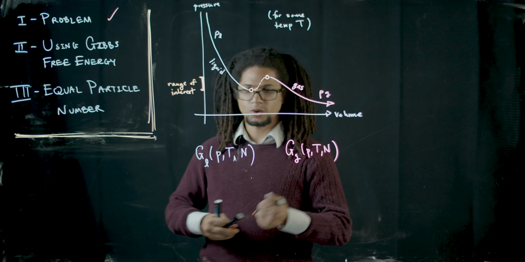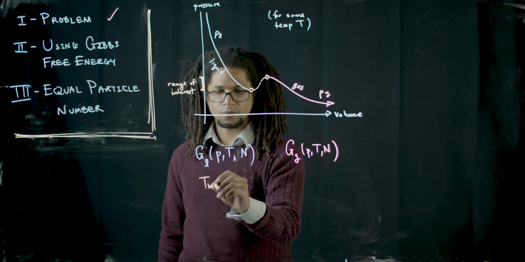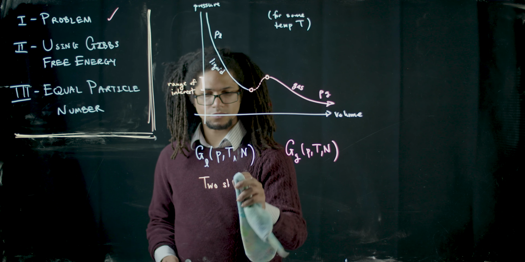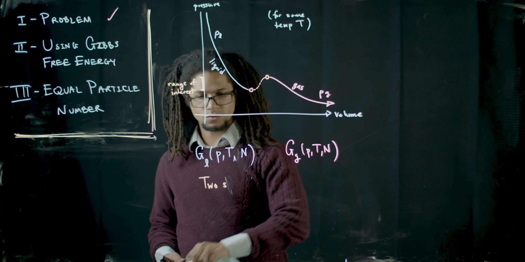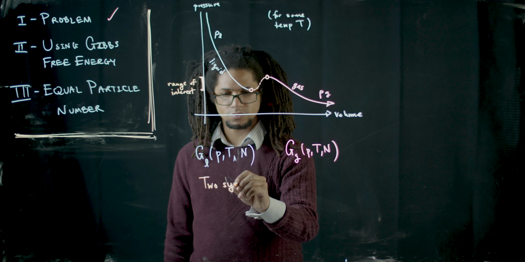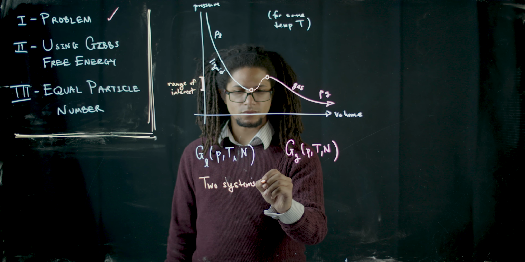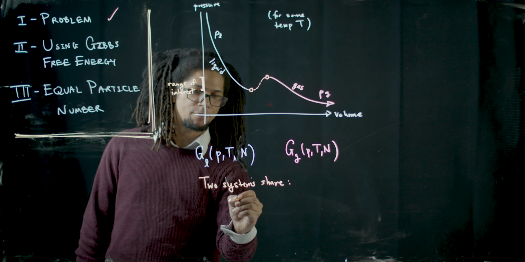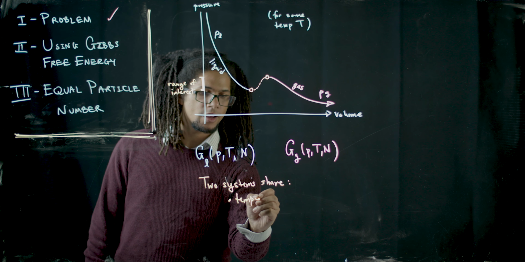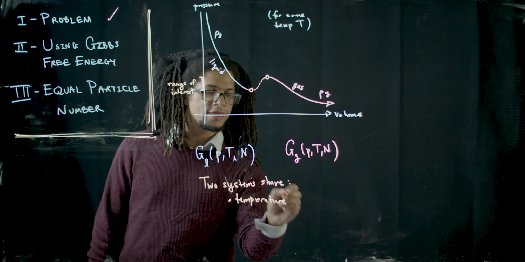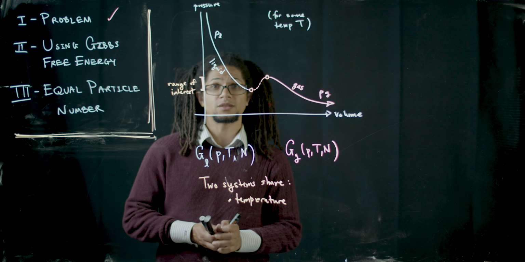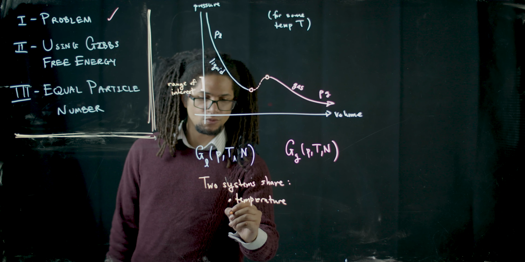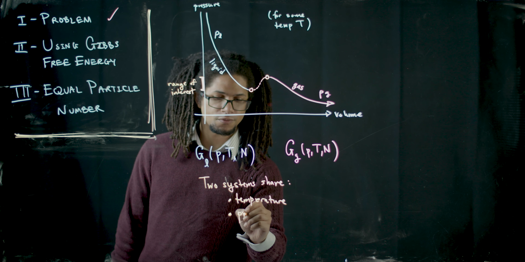The two systems will share, well, they'll have the same temperature. And that's simply because we're assuming that these systems are touching each other, literally in space. For the same reason, we'll assume that they have the same pressure.